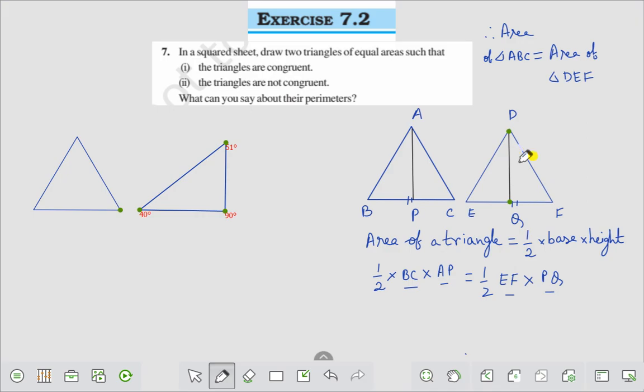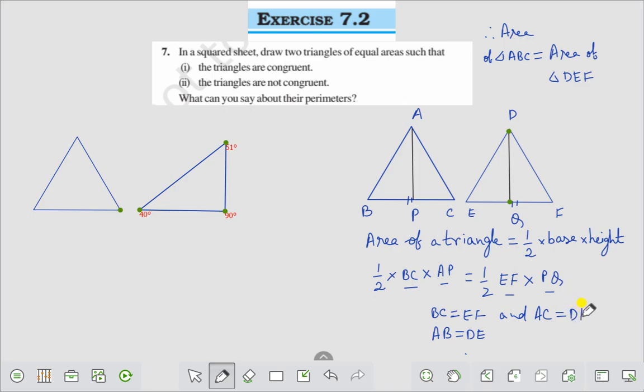Now we have taken the triangles as congruent also. Here we have taken BC equal to EF, and AB equal to DE, and AC equal to DF.